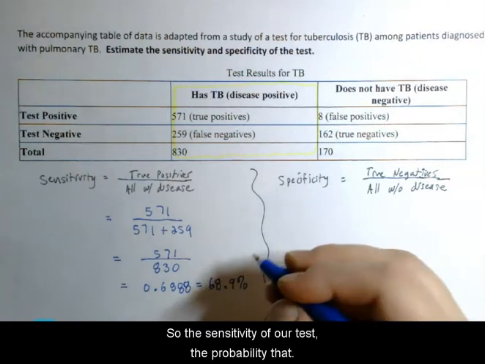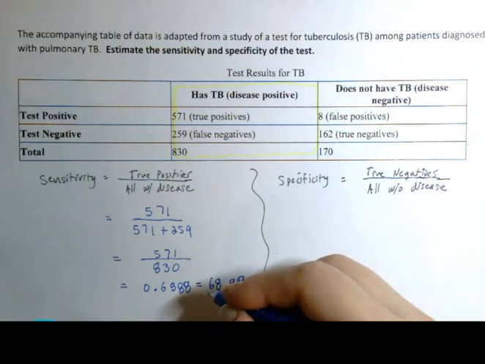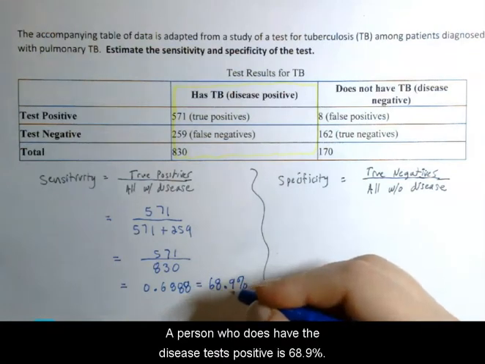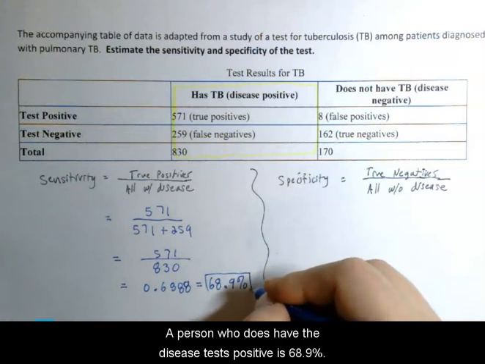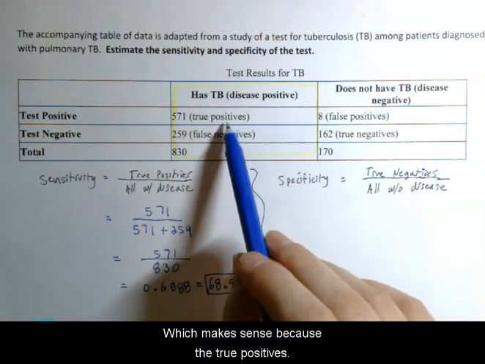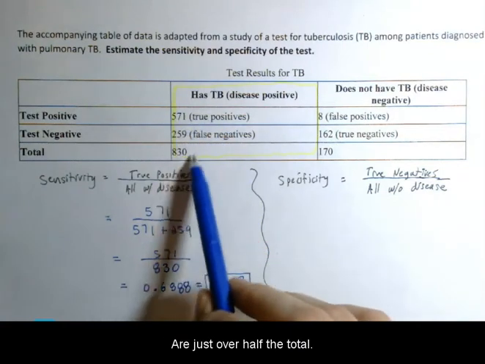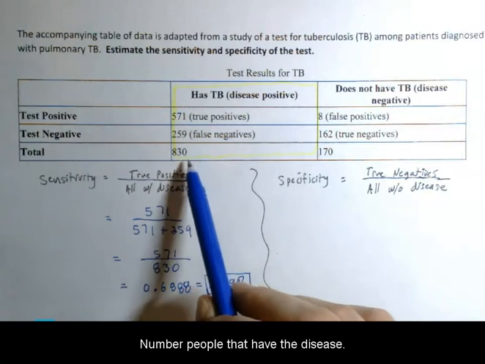So the sensitivity of our test, the probability that a person who does have the disease tests positive is 68.9%, which makes sense because the true positives are just over half the total number of people that have the disease.